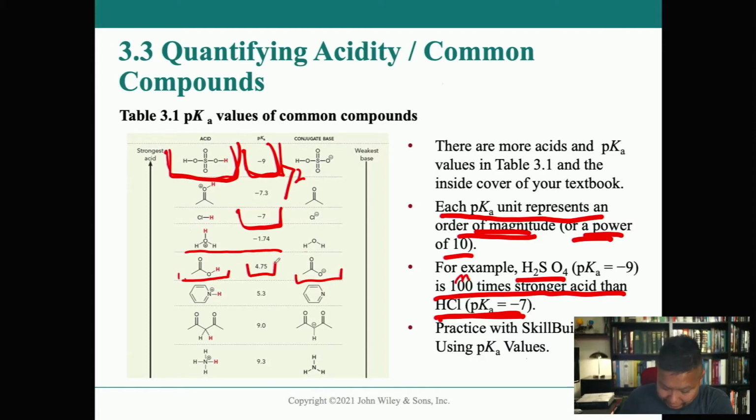Okay. How many pKa units are between sulfuric acid and acetic acid? Okay, so that's a -9, so that's 9 already, plus 5, right? So that's 14, right? Wow, 14 zeros. What is that? 1, 2, 3, 4, 5, 6, 7, 8, 9, 10, 11, 12, 13, 14.